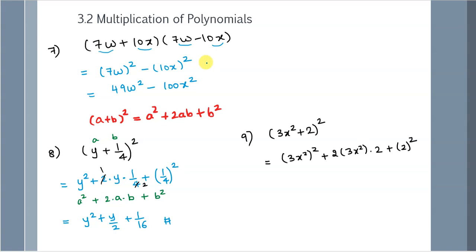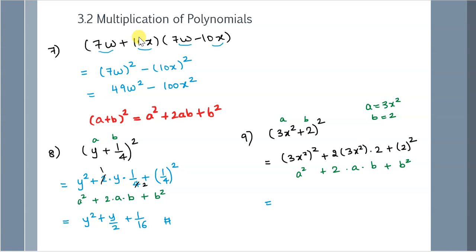I hope you get it. By considering a is 3x squared, b is 2. So a square plus 2ab plus b square. Okay. So really, if you remember the rule, it's going to be very easy for you.